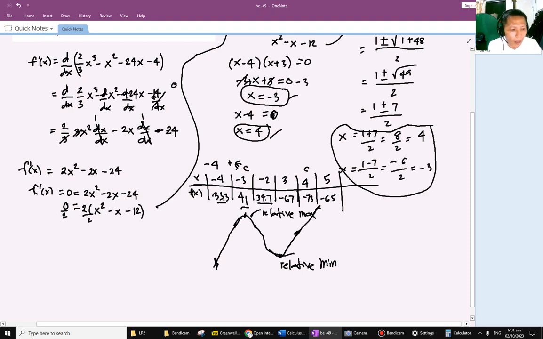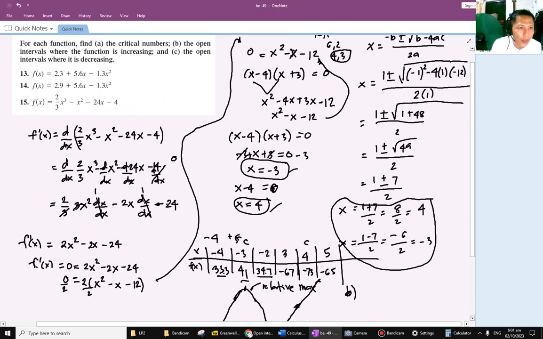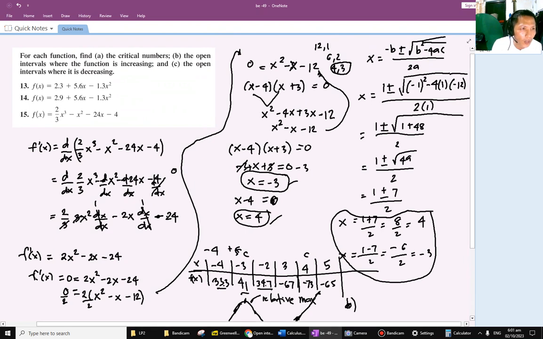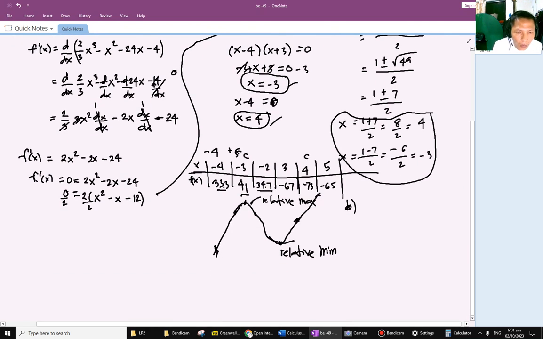So to answer the problem, where is the open interval where your graph is increasing? For letter B, the open intervals where the function is increasing: that would be from negative infinity to negative 3.